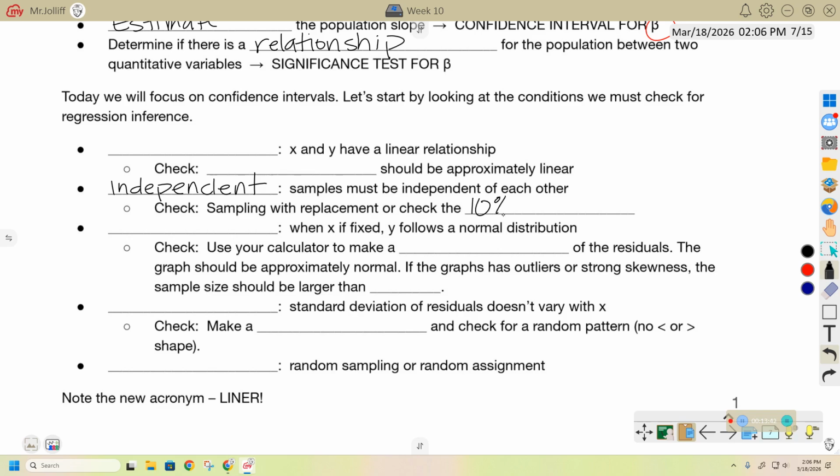So we already know how to do that. That is not a problem, right? The condition down at the bottom, we can guess what that is. That's our random check, right? We've done that before. Random assignment or random sampling. There's one more we've done up there, which is the middle one. That one is normal.